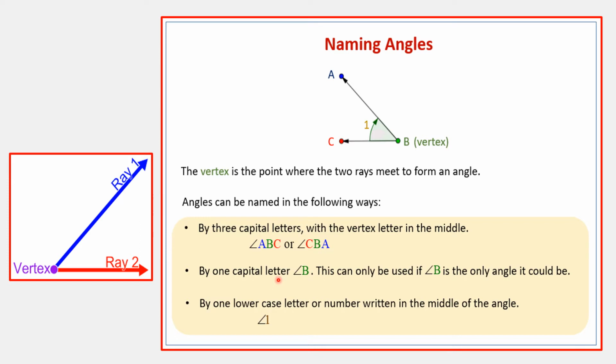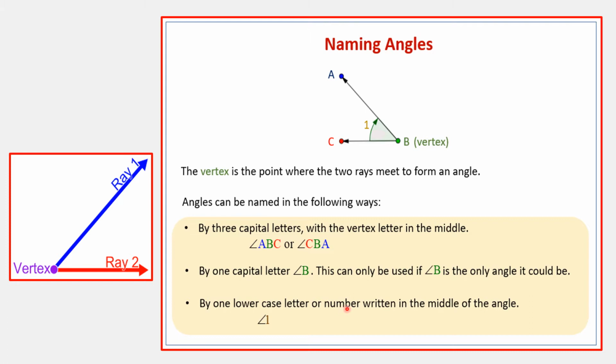By one capital letter also you can name the angle, as angle B. This can only be used if angle B is the only angle there. So if only one angle is made here, you can name it as angle B, or you can name it by a number.